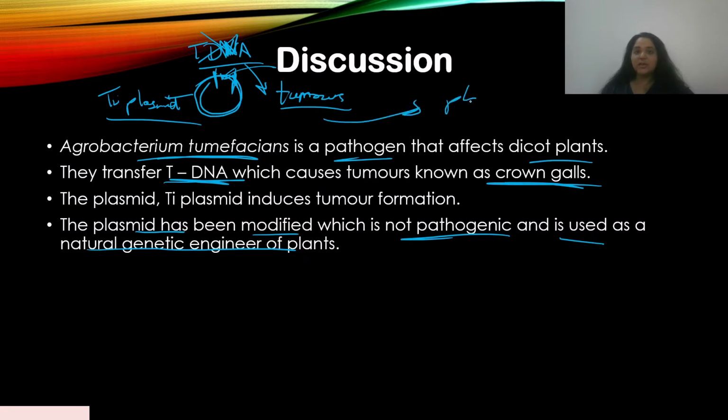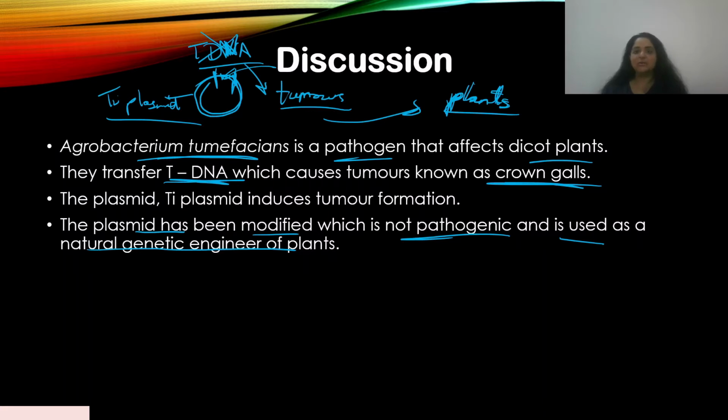So the tDNA was removed, and in that place they put another gene of interest and introduced it into the plants. Since this bacteria easily becomes a part of the genotype of the plant, we can put our gene of interest in it and then allow the plant to grow accordingly. This is natural genetic engineering. Agrobacterium tumefaciens easily affects dicot plants, but we don't want the tumor part, which would reduce the plant to just tumor formation and crown galls.